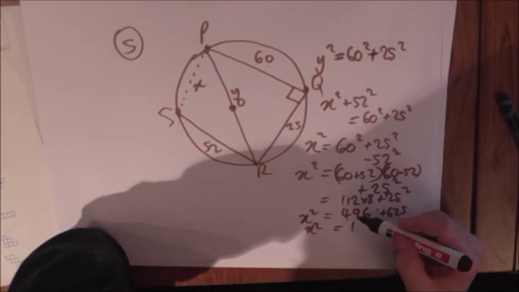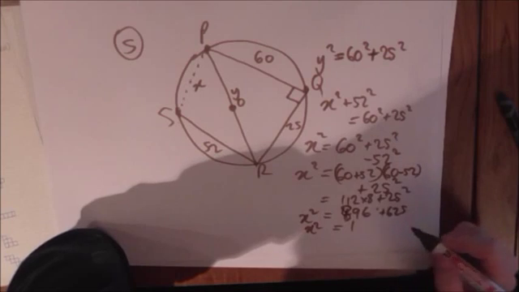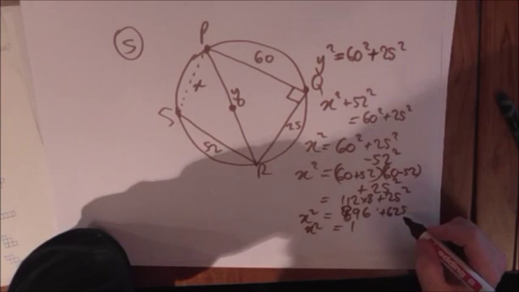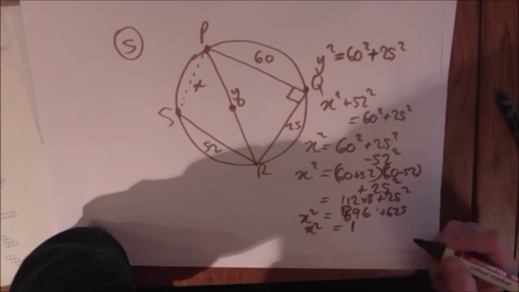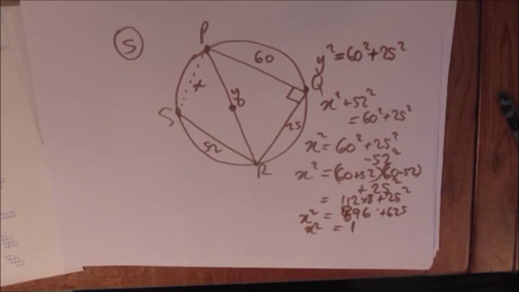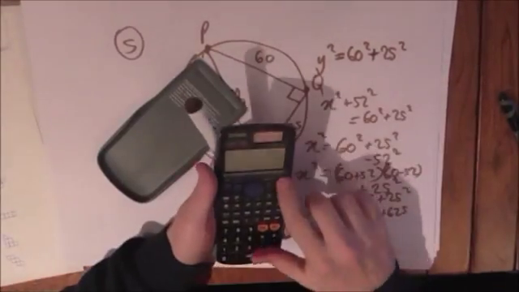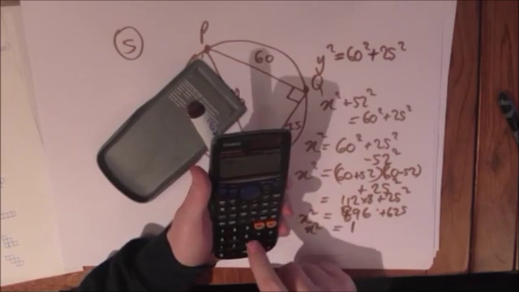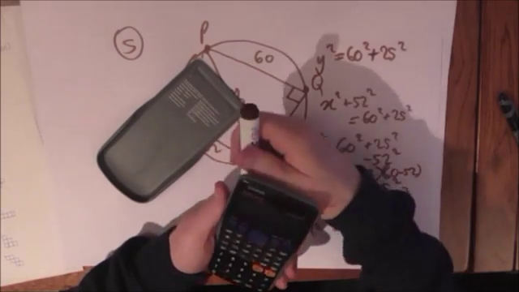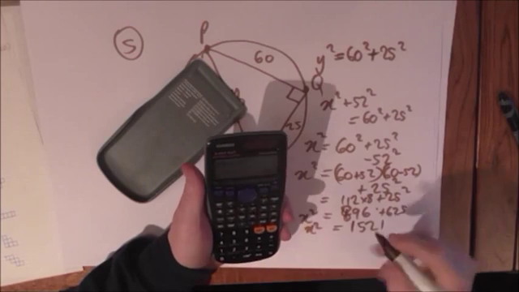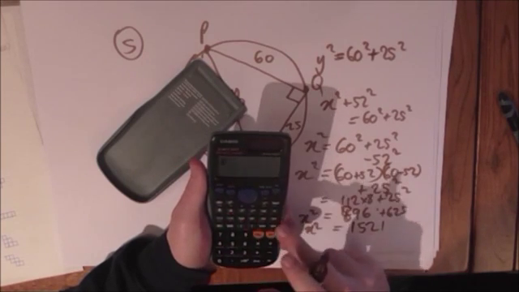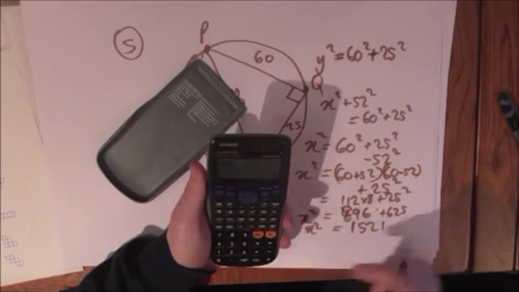Double one last time is 896. So 896 plus 625 is calculator now. 896 plus 625 equals 1521, and the square root of that is 39.